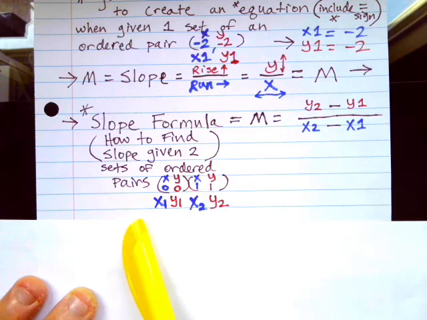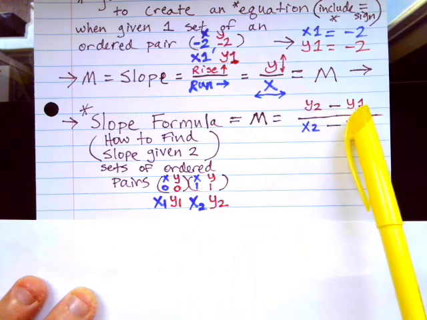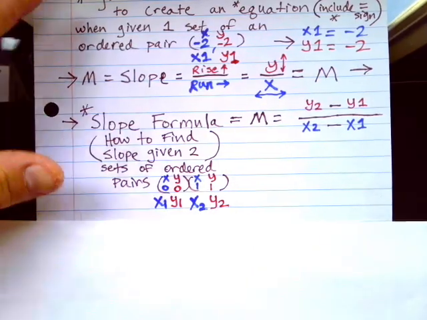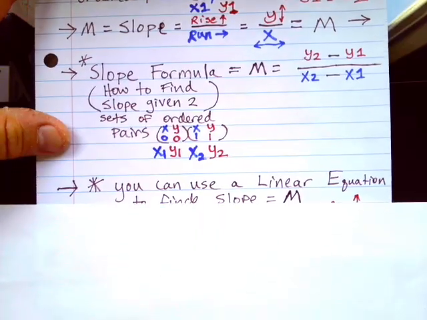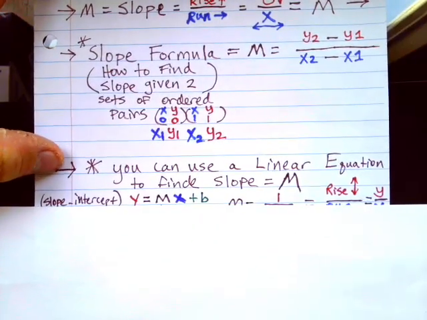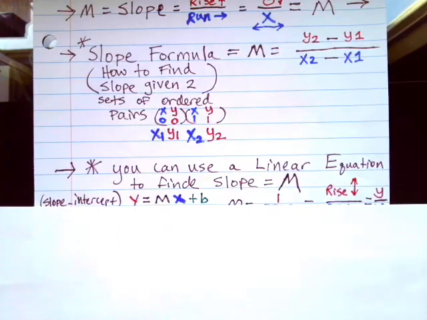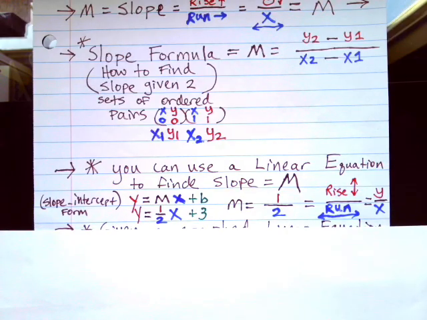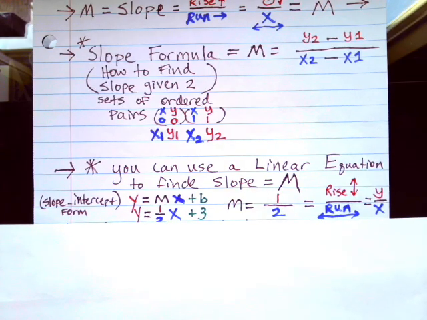Then you would organize these values and substitute them into the slope formula in order to determine what your slope is. Again, most of this is review, and if not, please go back, start at video 1 and work your way to video 9, and this should make crystal clear sense to you.